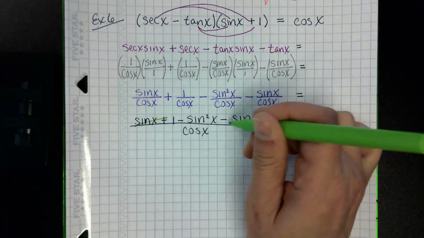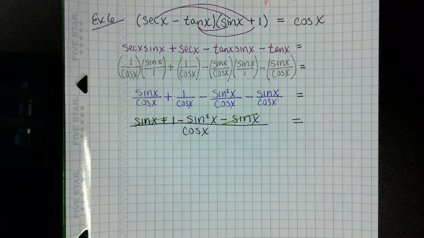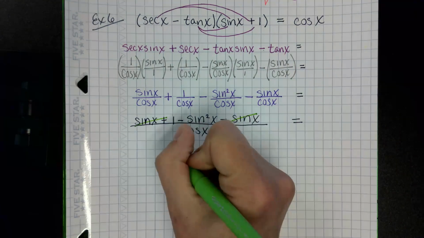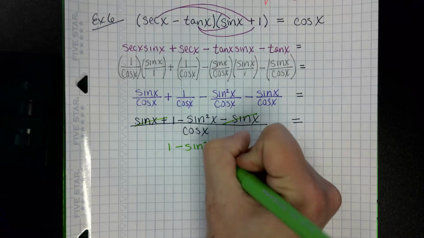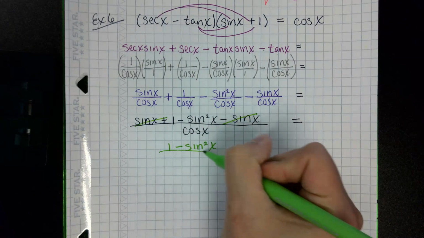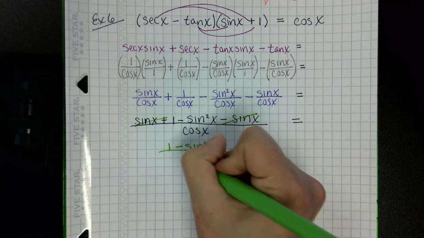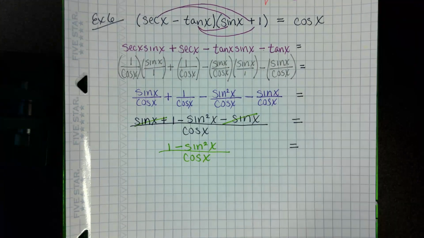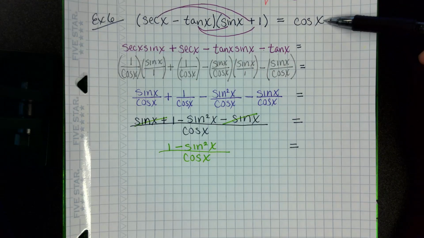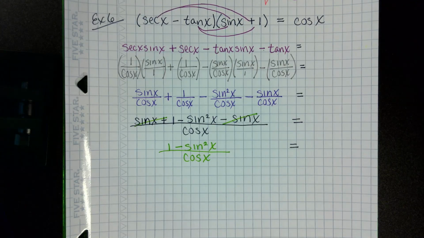Sine x, negative sine x, cancel each other out. So now I have 1 minus sine squared x left on the top. And all I have on the bottom is cosine x. That equals something on the right. What is it supposed to equal again? Oh yeah, cosine. All right, we're not quite there yet.